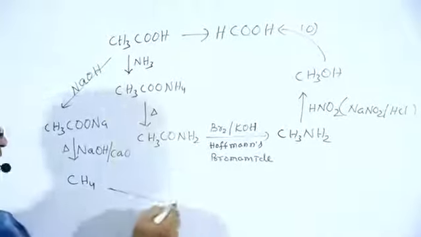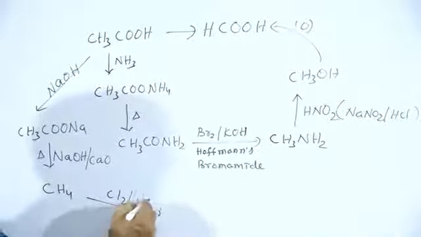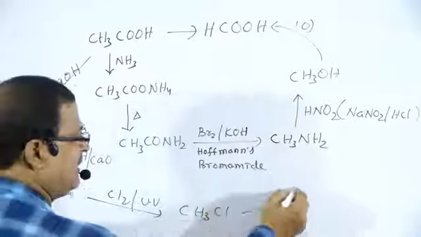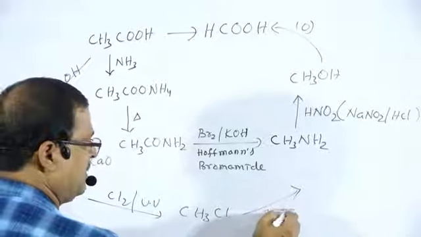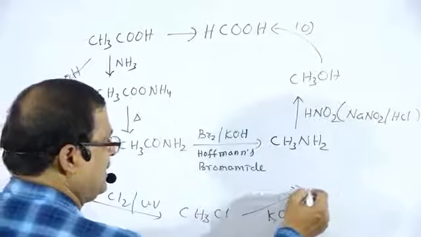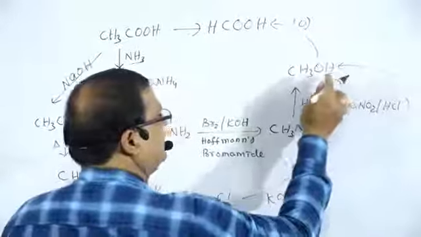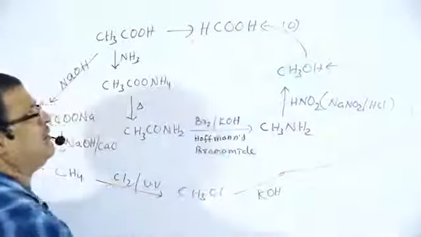So this compound is treated with Cl2 in presence of UV, there is the formation of CH3Cl, which is treated with KOH, there is the formation of CH3OH, and CH3OH is oxidized to form formic acid.